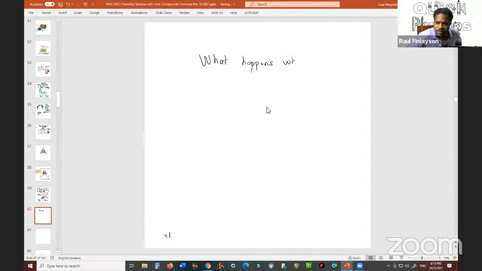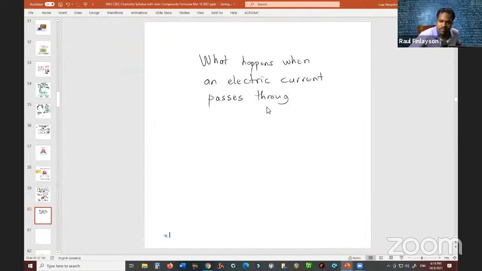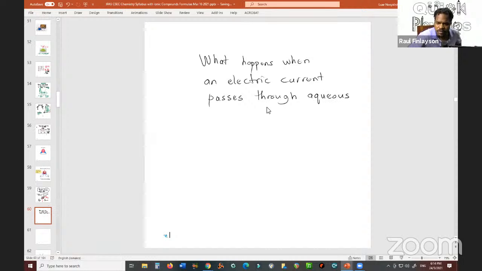What happens when an electric current passes through aqueous sodium chloride?